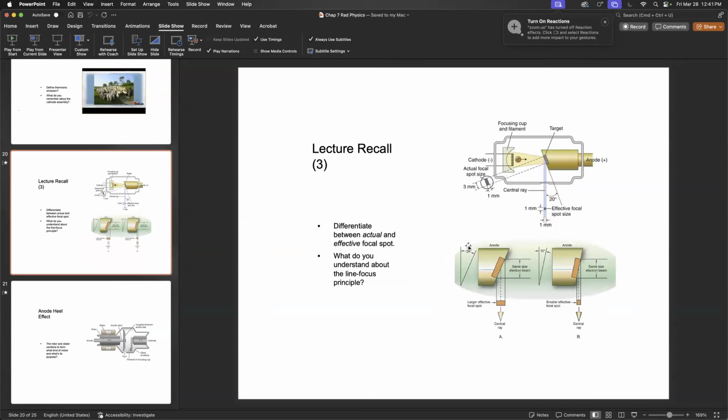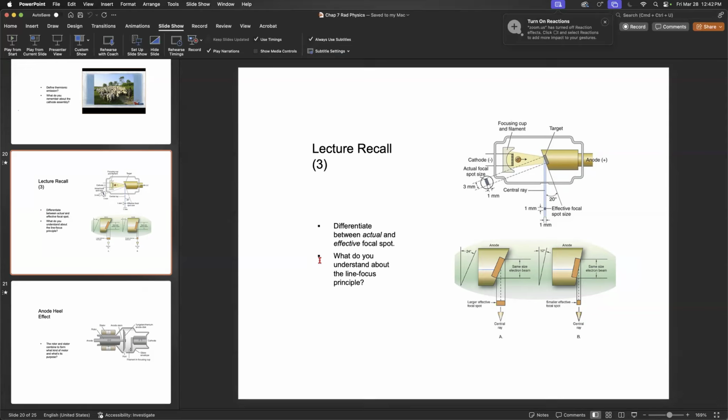What's the difference between the actual and effective focal spot? Let me get Layla. What do you got for me? Okay, so the actual focal spot is where the electrons bombard the anode, and the effective focal spot is kind of like a continuation of the electrons being projected through the central ray, to my understanding.